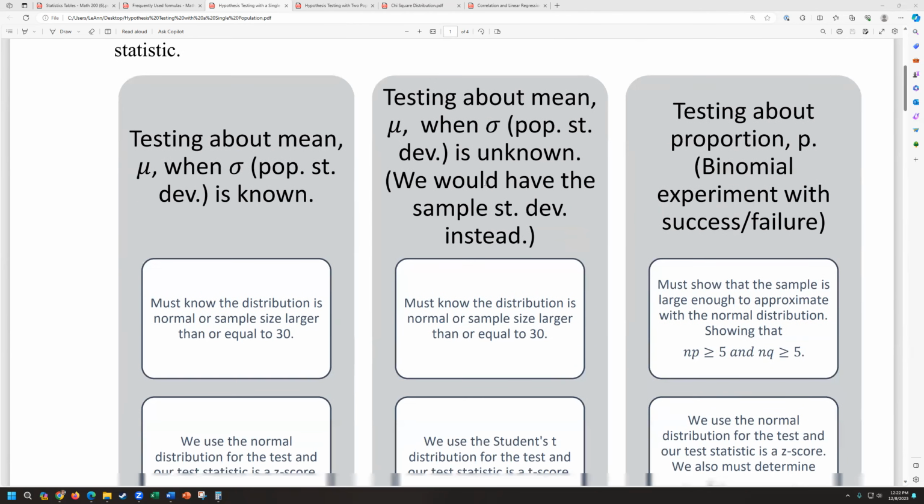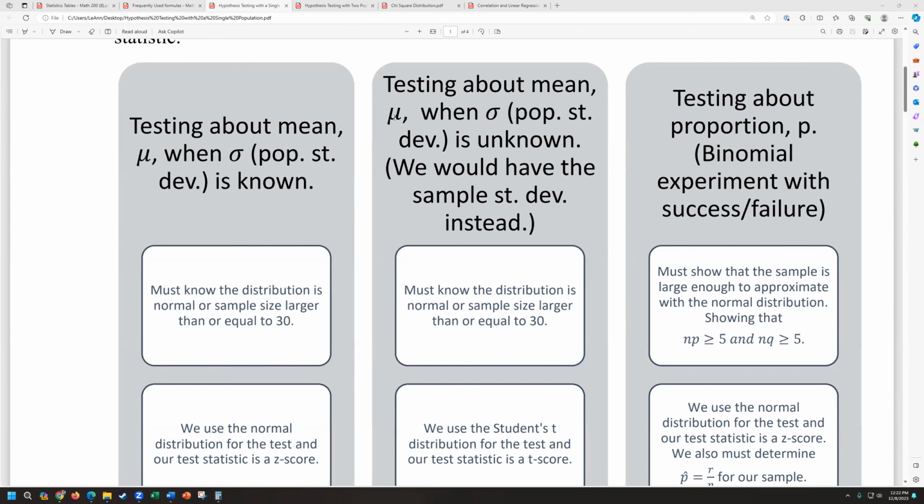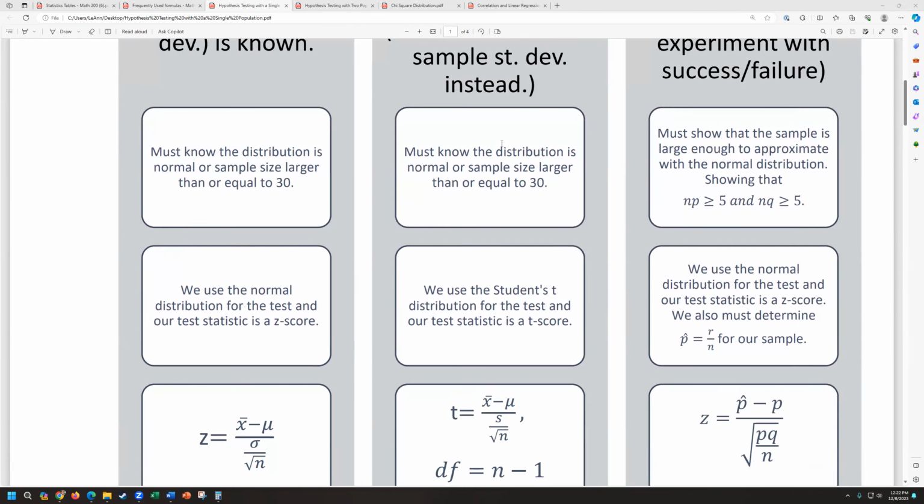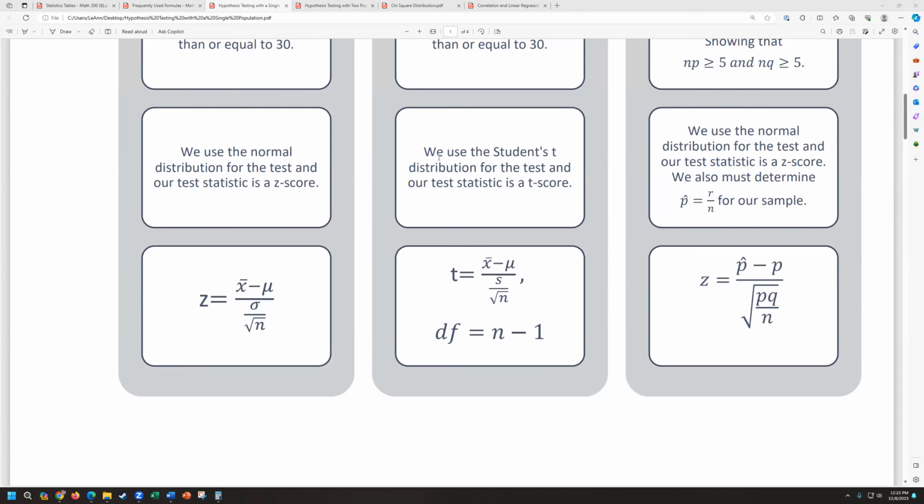And then we're also looking at a mean of mu, but we do not have the population standard deviation. So we have the sample standard deviation instead. We still have to know that the original distribution is normal, or we have to have a sample size that is larger than or equal to 30 to use the central limit theorem and proceed. This time, though, we use the student's t-distribution for our test, and our test statistic is a t-score.